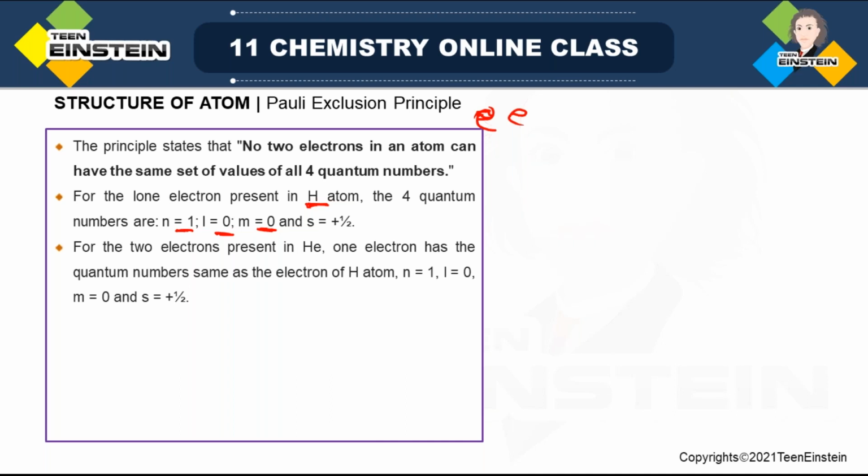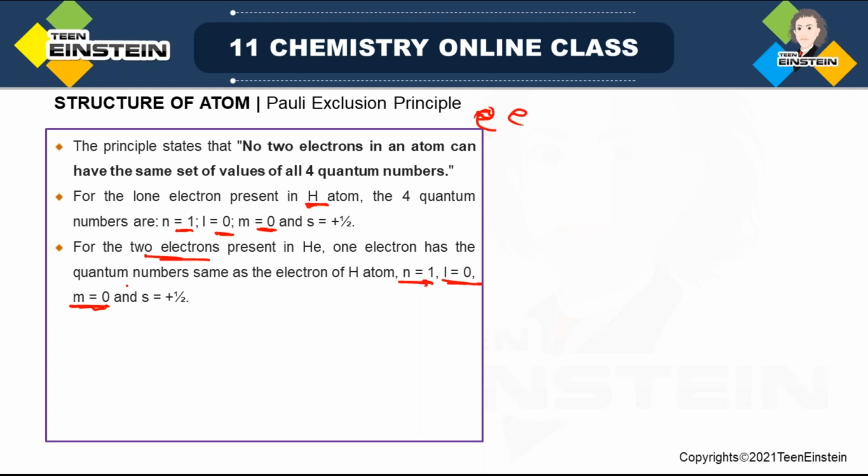But when we move to the next element, that is helium, now the atomic number is 2. So for these 2 electrons, what is the difference? Here also, principal quantum number, azimuthal quantum number, and magnetic quantum number, all these 3 are the same. But the last quantum number will be different for these 2.